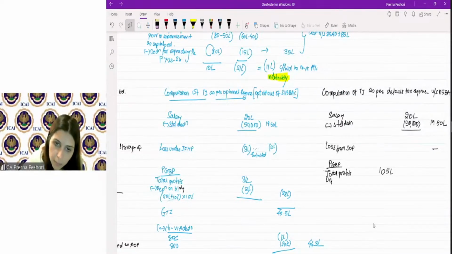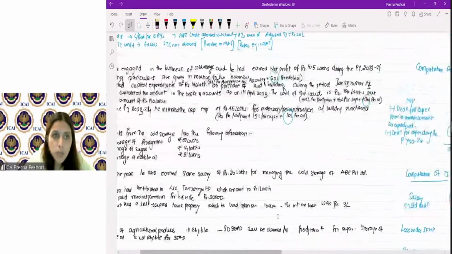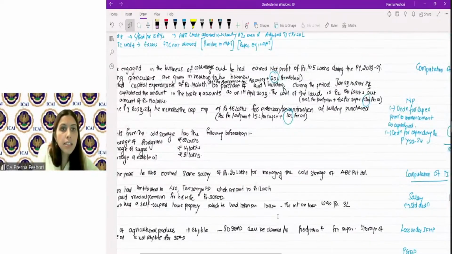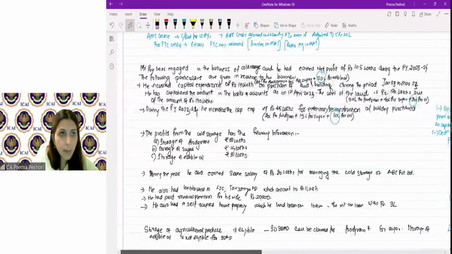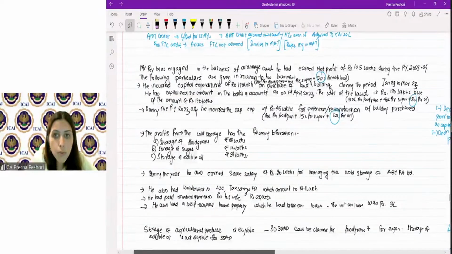Then depreciation on building will be allowed. There's no prohibition on depreciation, only additional depreciation is not allowed. So the entire building is how much? The capital expenditure on building is 190 lakhs, out of which the land cost will be removed.